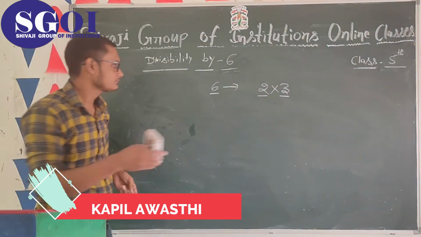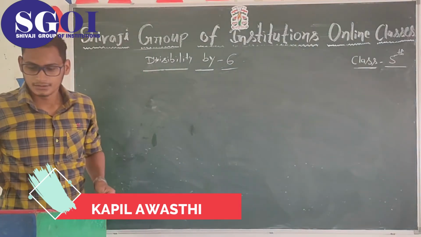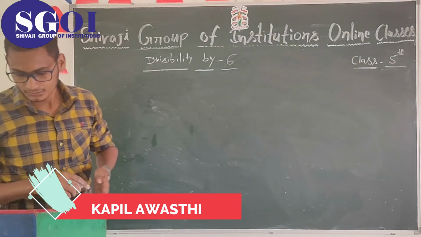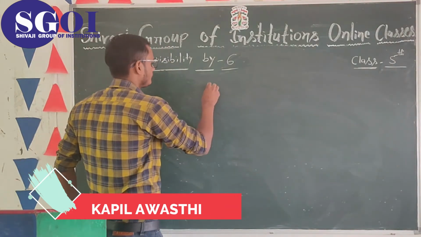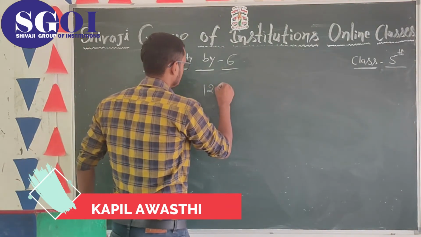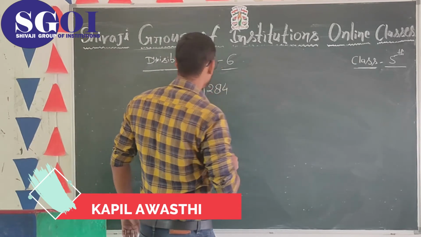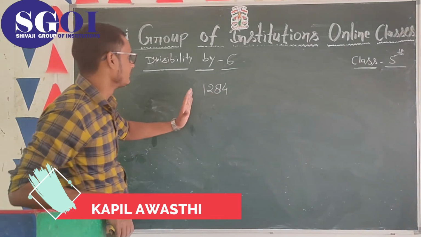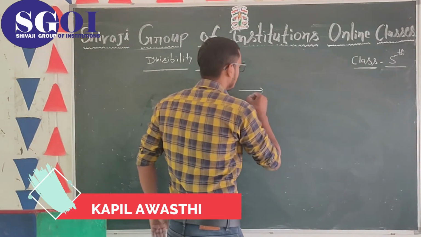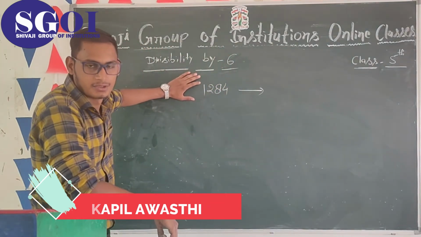So look, we have an example: 1284. Is this number fully divisible by 6 or not?